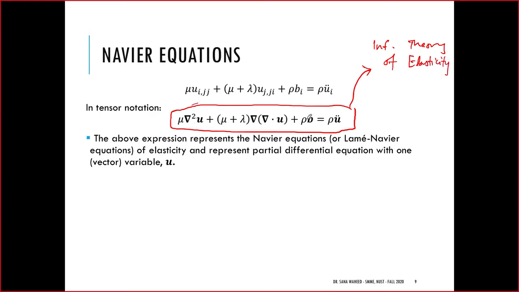This equation is the backbone of it. ठीक है, और इसीलिए again it has a name as well. It's known as the Navier equations या फिर the Navier-Lamé या फिर Lamé-Navier equations. Please note उसके अंदर Lamé constants आ रहे हैं, that's why.